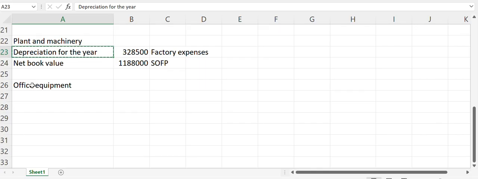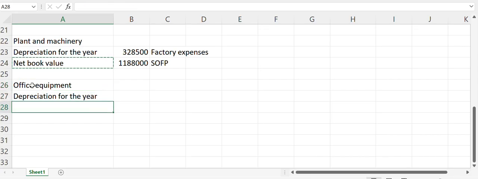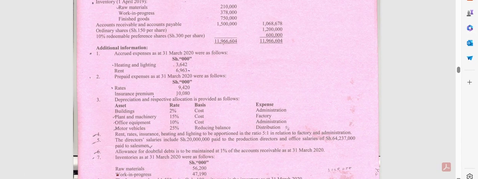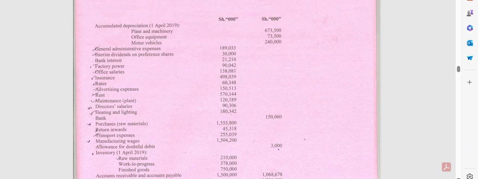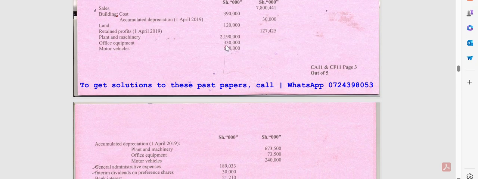So we compute depreciation for the year, and we also compute the net book value. So for office equipment, what is the rate? The rate is 10%. So we ask ourselves, what is the cost? Go to the trial balance. Office equipment, the cost is 330,000. Here it is 330,000.